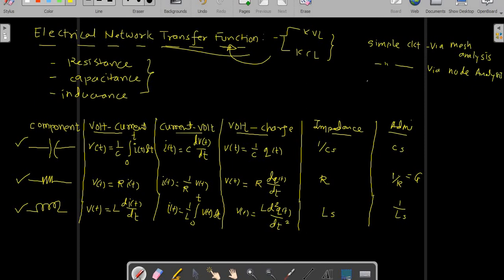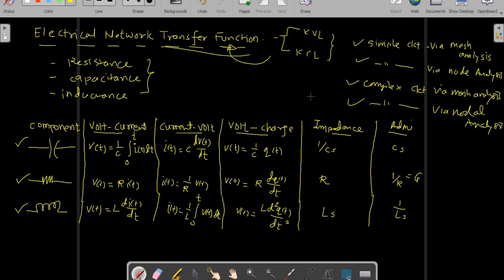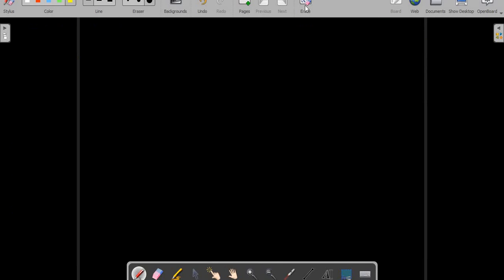Then we will be considering complex circuit via mesh analysis, and again we will be considering complex circuit via node analysis or nodal analysis. So these four types of circuit we will consider, and we will solve the problems related to it. So first of all, let us start with the simple circuit via mesh analysis.